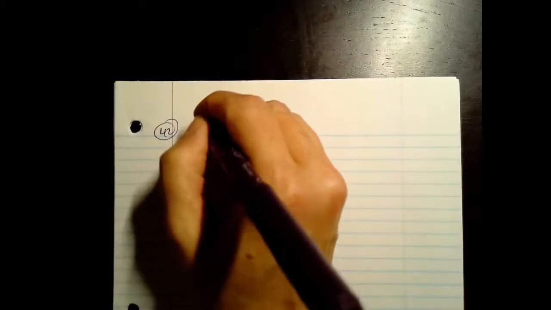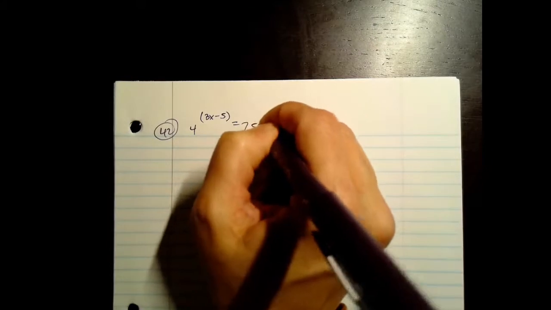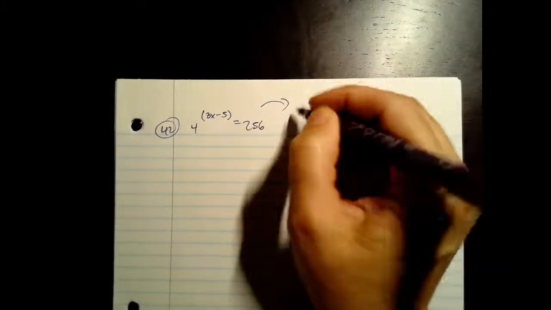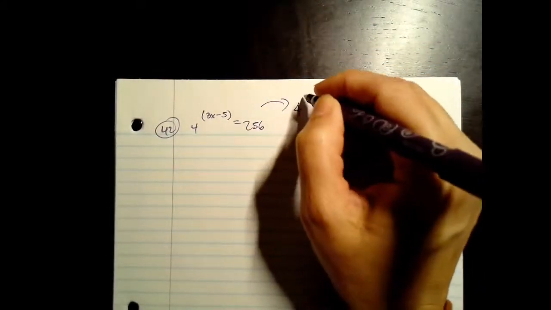Okay, next, number 42. They want us to go ahead and solve this one. Okay, so the equation was 4 raised to the 3x minus 5 is equal to 256. 256 can be written as a power of 4.